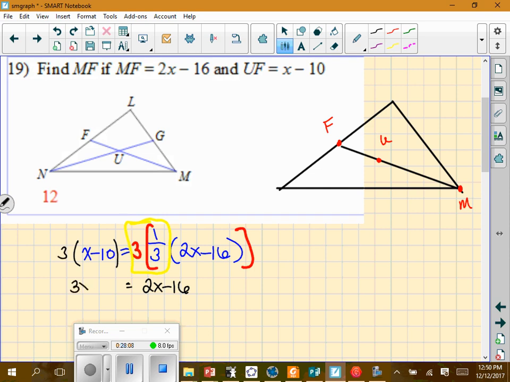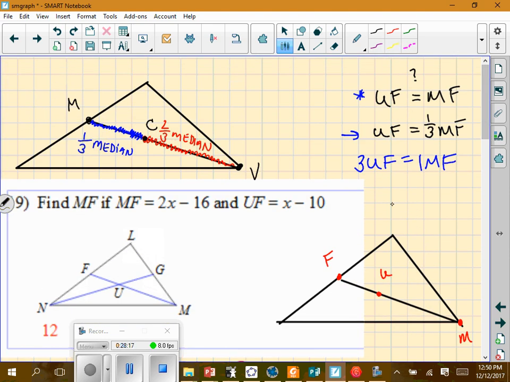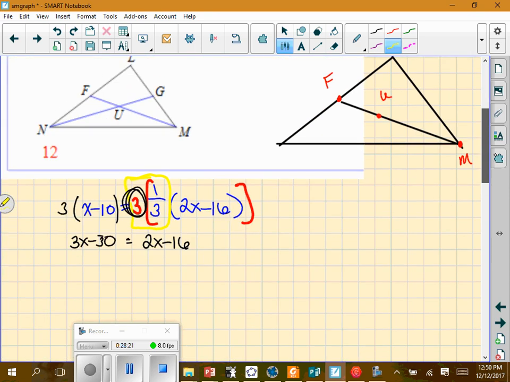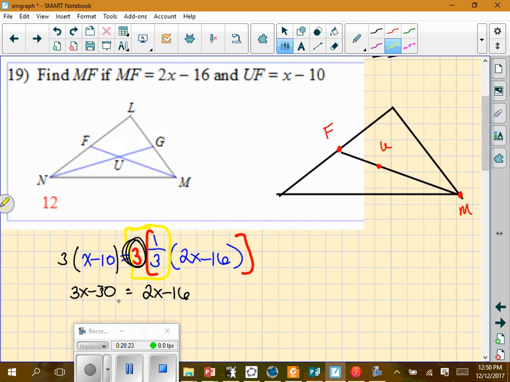So I get 3x minus 30. Okay? That multiplication of that 3 right there is the exact same step that would have been conducted right there. If I go 3 UFs, does that give me 3x minus 30? Equals 1 MF. Is that 1 MF over here?